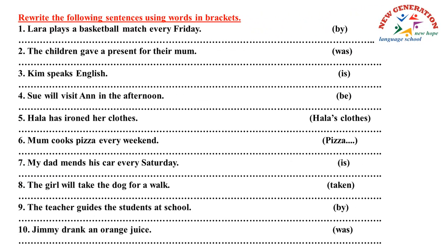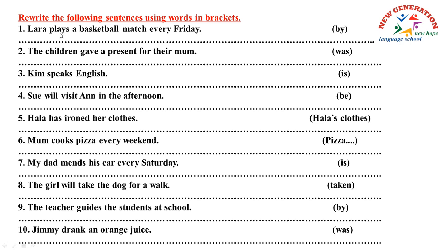Now let's practice. Laura plays a basketball match every Friday. Use by. That means I'm going to use the passive voice. Now the center of any sentence is the verb. So after the verb we have the object, which we are going to start with. So I'm gonna start with a basketball match. Now it's time to add the verb. For the verb we add verb to be in the passive voice.